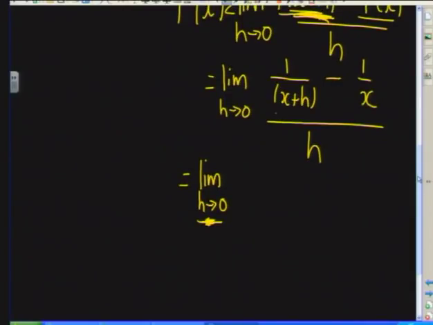It's a fraction. In the numerator, I need to find an LCD. And my LCD is going to be x times x plus h. So I'm going to times this fraction by x over x, and then this one by x plus h over x plus h.